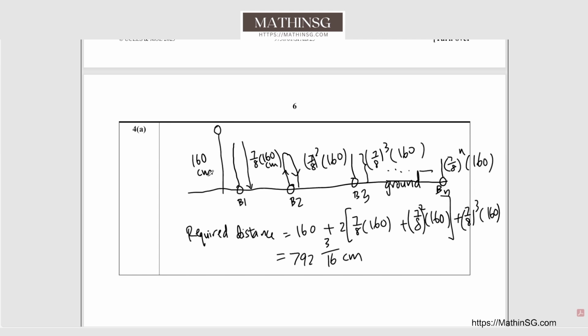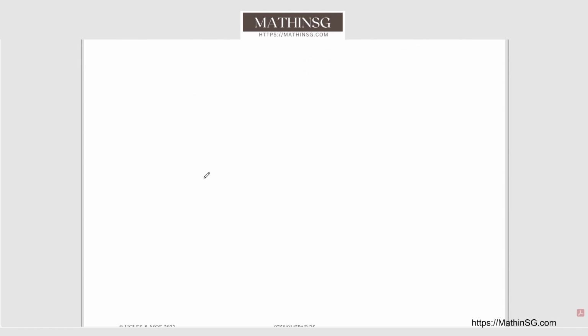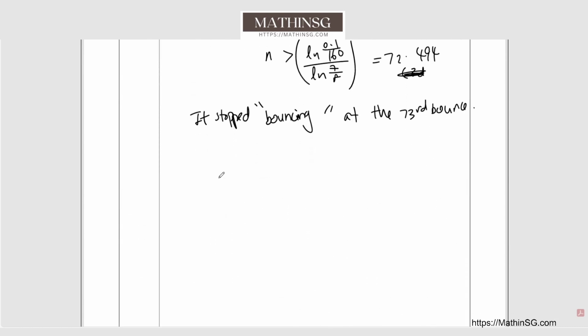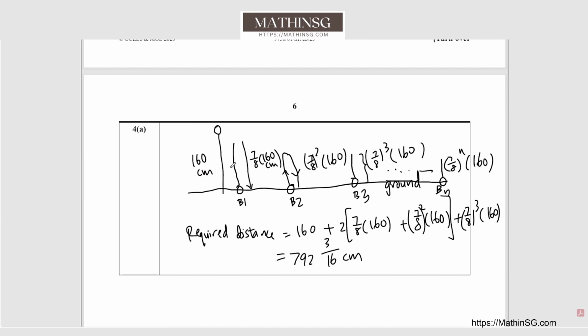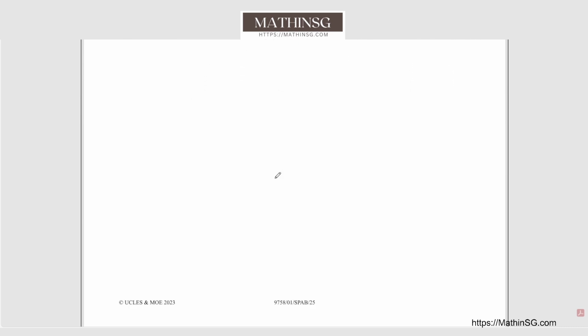Anything that is considered more than 0.1 meter, we still count it, right? So basically, we know that the total distance traveled will be, the first time, just 160 cm. Then from the first bounce all the way to the 72nd bounce, we need to times 2 because it's going up and coming down.